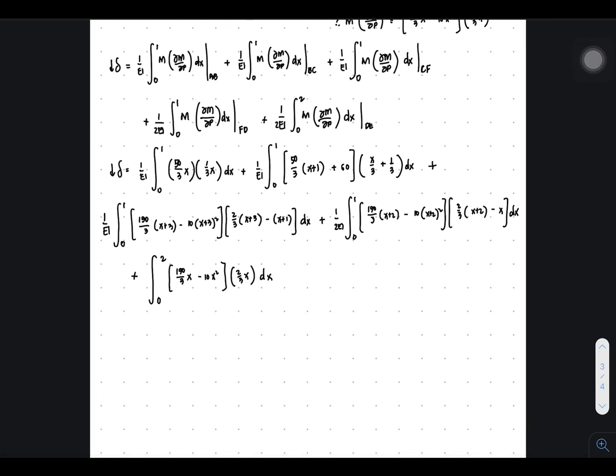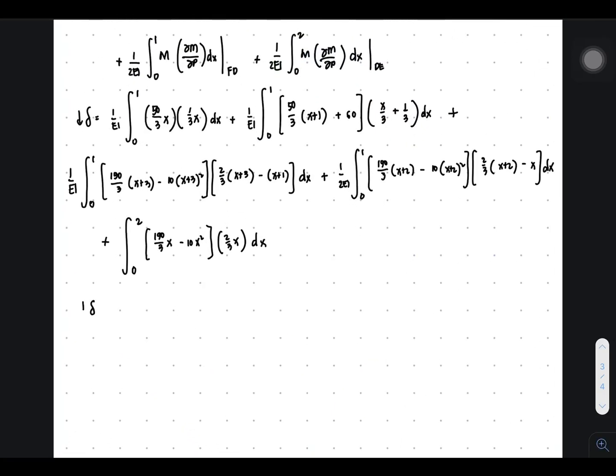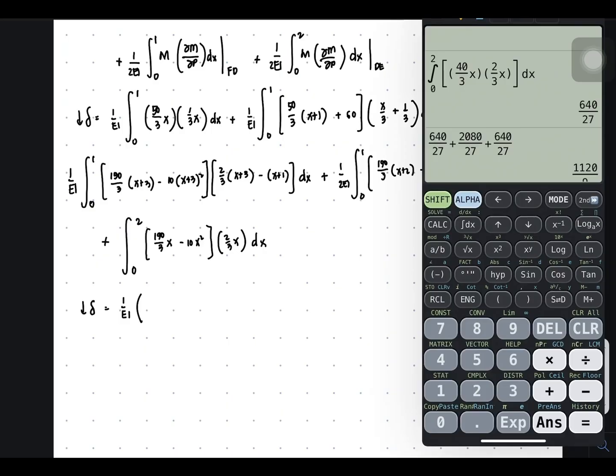So let us continue. For the integral, downward, it's 1 over EI for this one. Let's start.